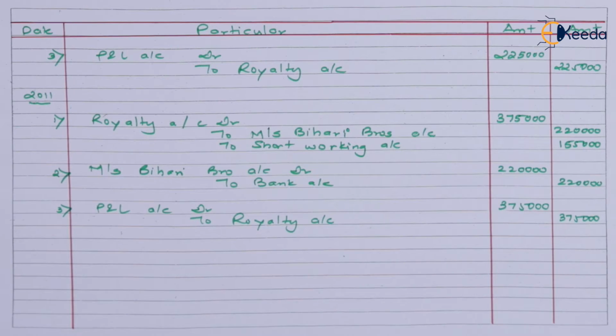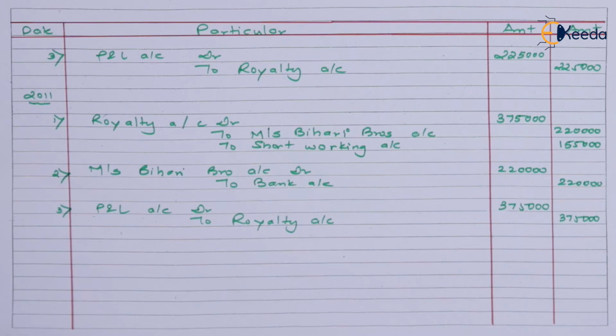So the entry that we have passed here, that is the first entry, royalty account debit 3,75,000, to Messrs. Bihari account 2,20,000, and to short workings account credit side 1,55,000. This is the first entry of due.